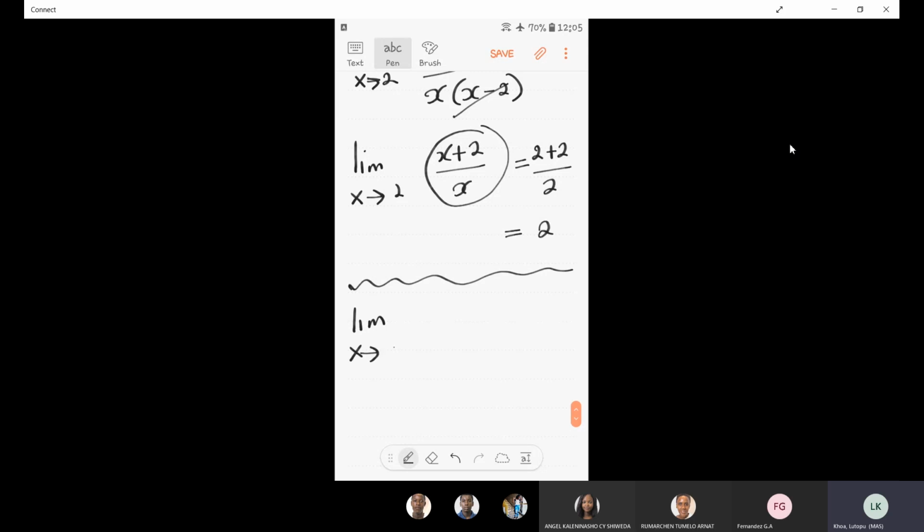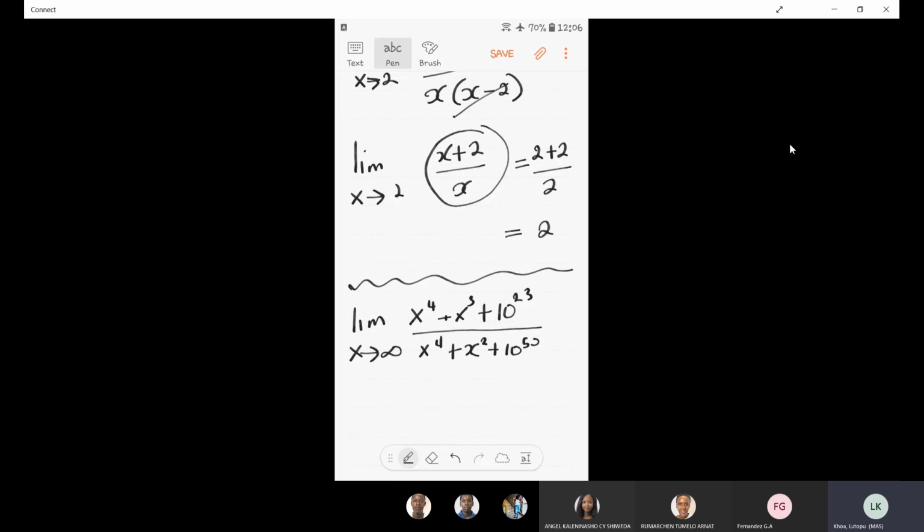Limit as x goes to infinity of x to the power of 4 plus x to the power of 3 plus 10 to the power of 23 divided by x to the power of 4 plus x squared plus 10 to the power of 50. Okay, with this one, x is going to infinity, so our values of x are getting bigger and bigger.